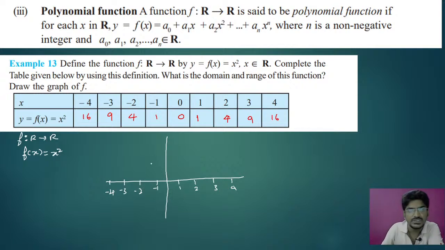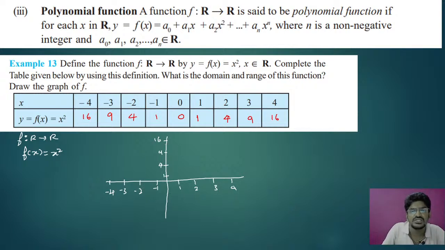On the other axis I will take 1, 4, 9 and 16, just to get the nature of the graph.